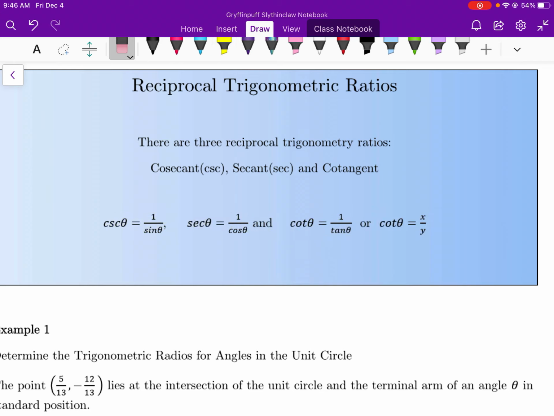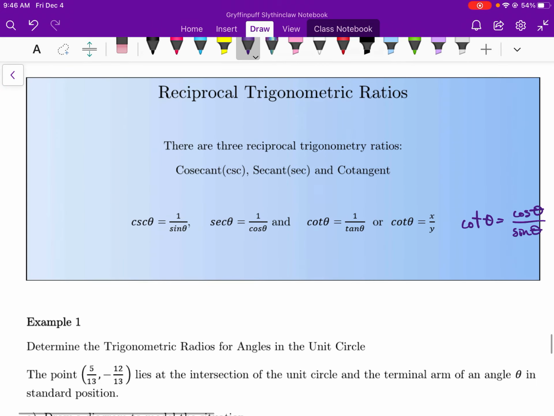Cotangent theta is equal to 1 over tangent theta. We could always write that as x over y, since it's the reciprocal of tan. Also, cotan theta, if it ever comes up, and I don't know when it would, we could write as cosine theta over the sine of theta. All right.